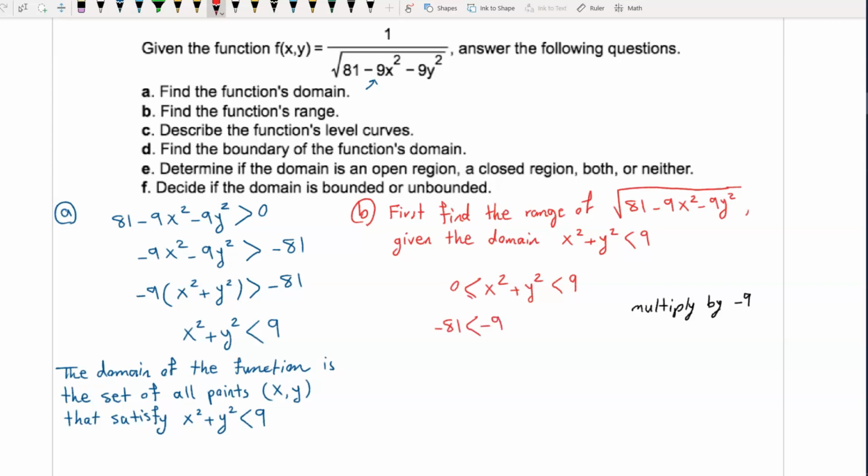And then we have negative 9x squared minus 9y squared less than or equal to 0. So what I did on this part, because of multiplying by negative 9, I had negative 81, changed that direction, then I have this one. So I had this, but I didn't want to write it that way. So I switched the order.